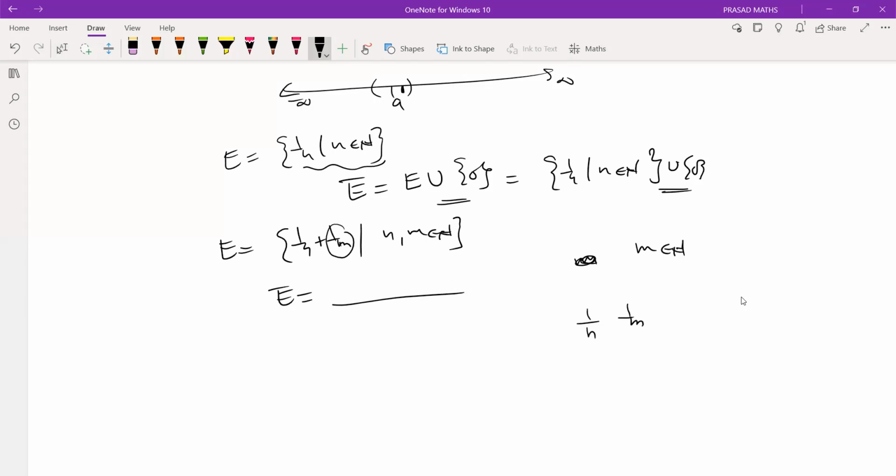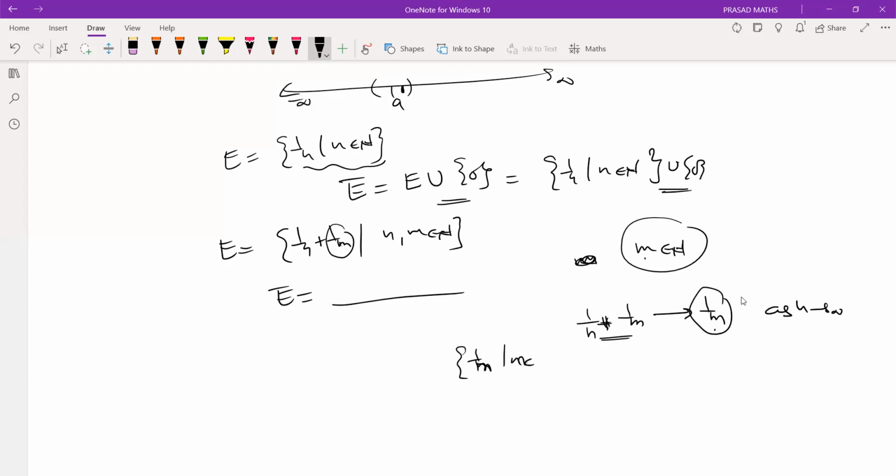Then this tends to 1/m as n tends to infinity. Therefore, this sequence converges to 1/m, and any limit of a sequence is a limit point of the set. Therefore, 1/m is a limit point, because this is true for every m.